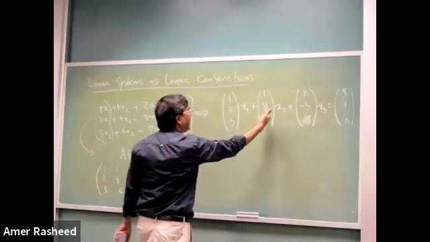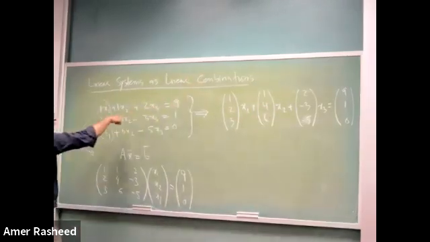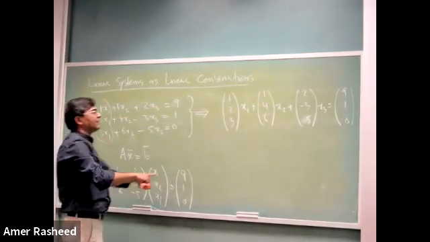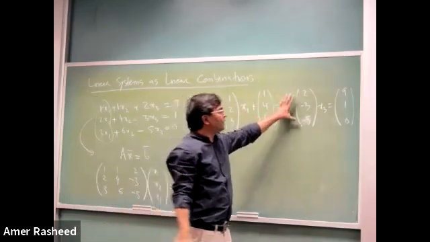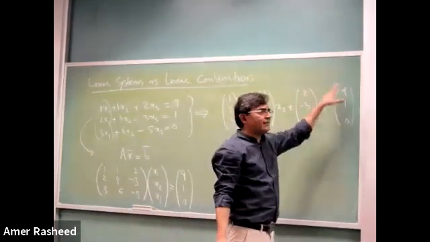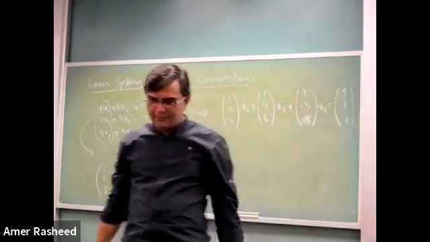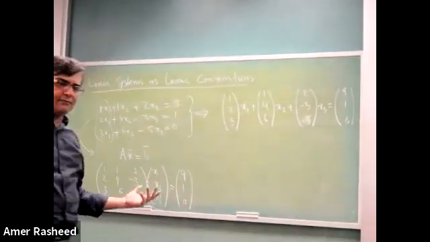So you will definitely get again this linear system by taking the sum of these three vectors and putting it equal to the right hand side vector. You'll get the same linear system.